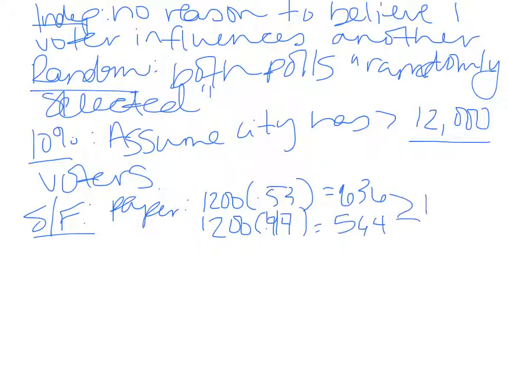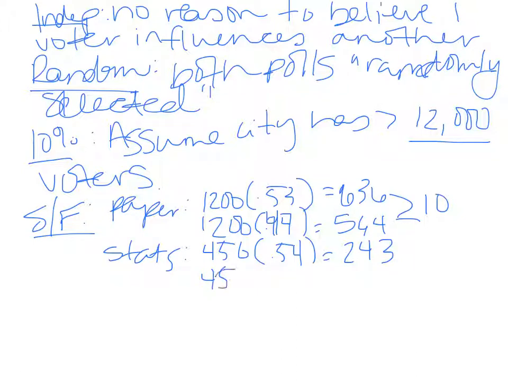Both of those are greater than or equal to 10. The stats class had a sample size of 450 and they got 54%. So their q would be 46%. Either way, that's greater than or equal to 10. So all of the conditions are met.